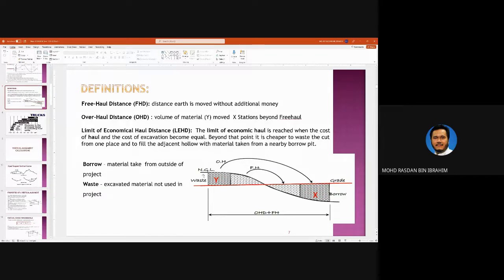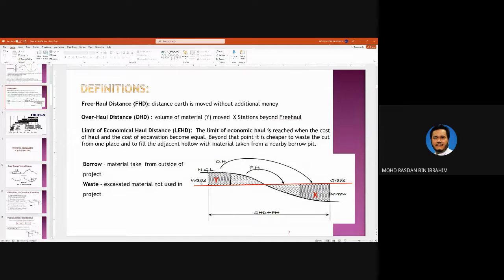So for example, if you want to move excess material here, way across here, it is already beyond the limit of economic haul distance. At this point, it is cheaper to waste the cart, rather than to move it.